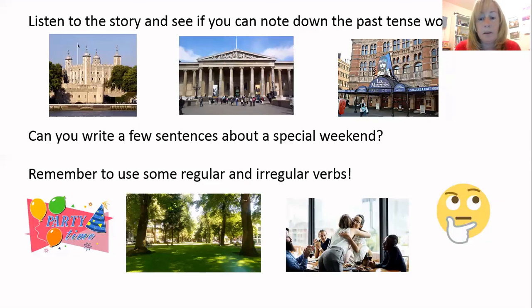Maybe you could write about that. Or maybe you just saw your friends at the weekend. So any type of special weekend that you want to write about, okay, but remember to use some of those regular, irregular, and maybe a negative past tense verb in a sentence as well.